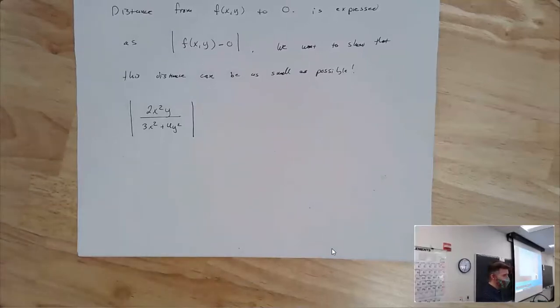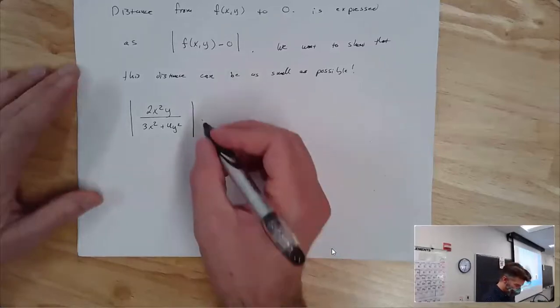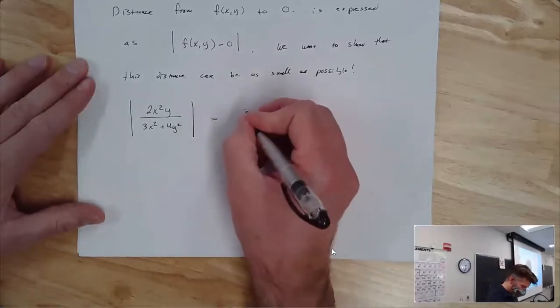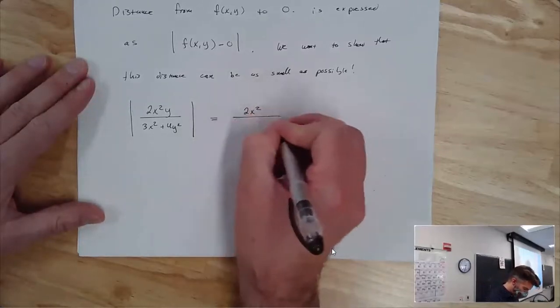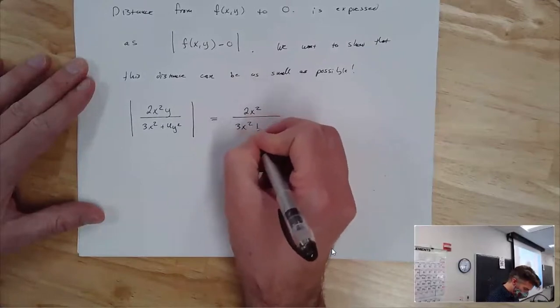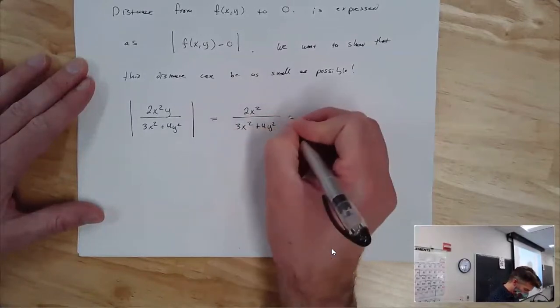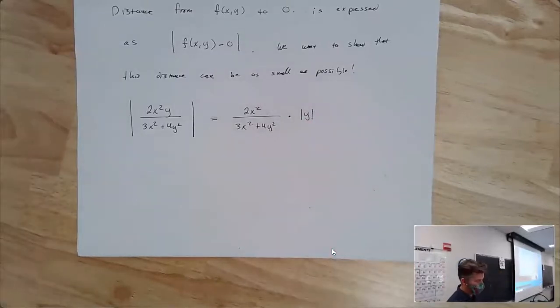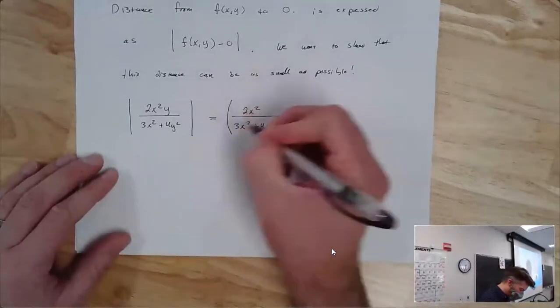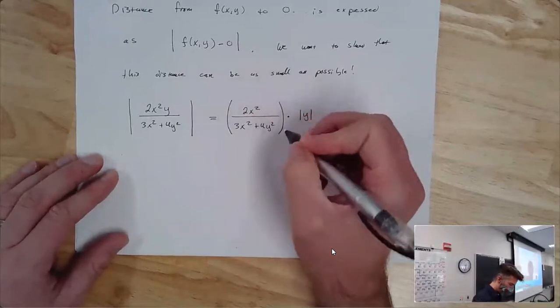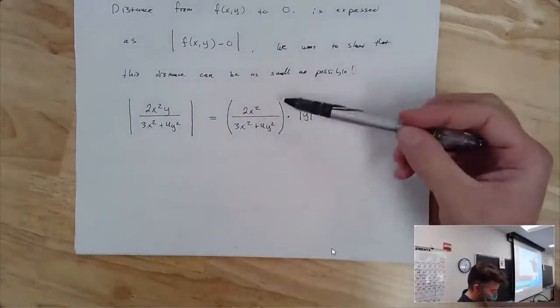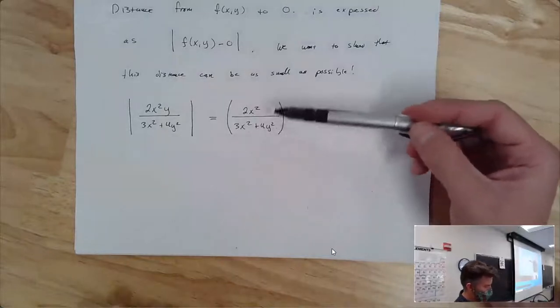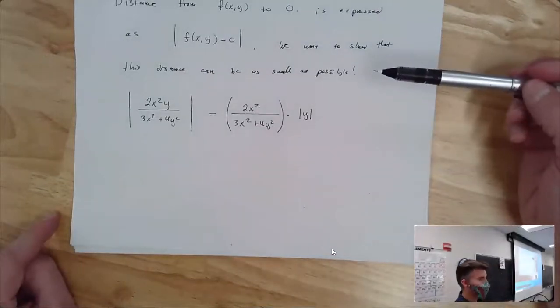So let me point something out. This is equal to this. The reason I can pull all of this out, let me ask you, can 2x squared divided by 3x squared plus 4y squared ever be negative?